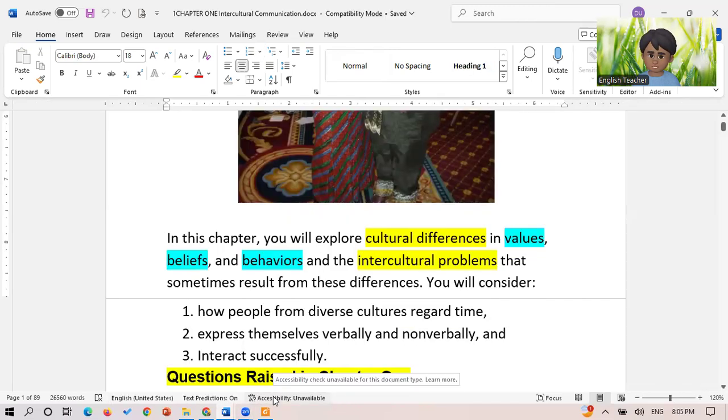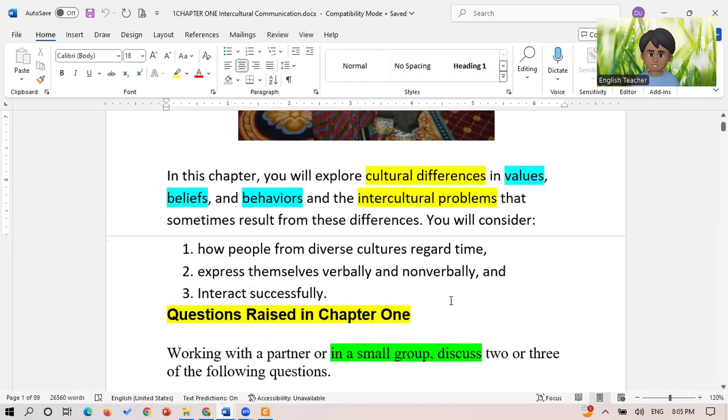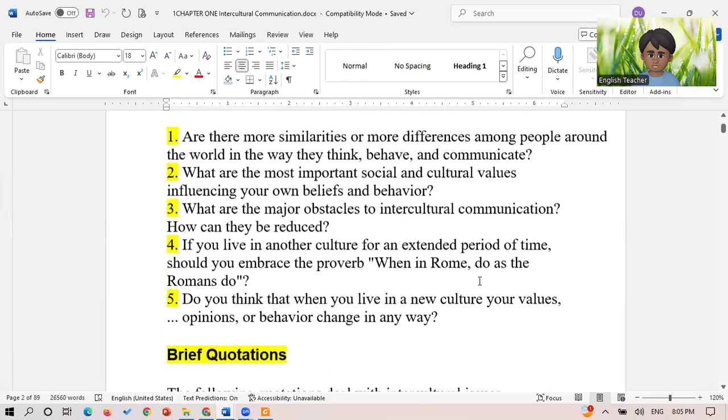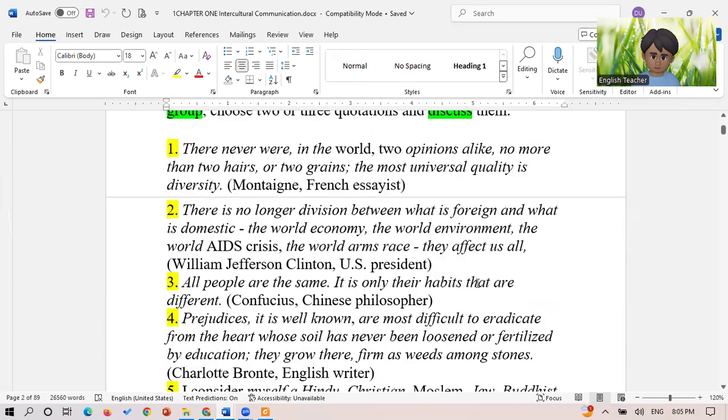It is given in the lesson Intercultural Communication, which talks about cultural differences in values, beliefs, behaviors, and intercultural problems that result from these differences. So here in this chapter, we read essays which talk about how people from diverse cultures regard time, how they express themselves verbally and non-verbally, and how they interact successfully. This is the context of the essay.